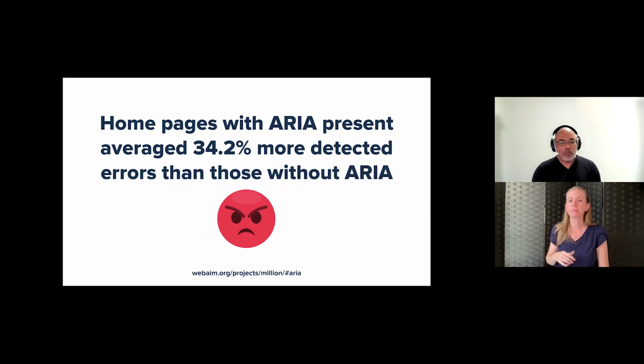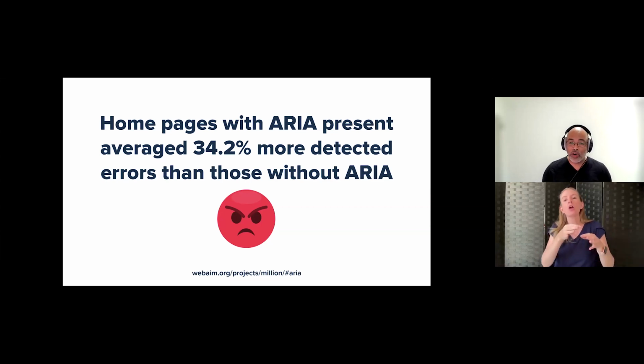Going back to WebAIM's 1 Million, in the last one that they released, homepages with ARIA had 34.2 more detected errors than those without. And that's because we find a lot of misuse of ARIA attributes being applied to elements that they shouldn't be applied to, or just the definitions around ARIA not being completely understood.